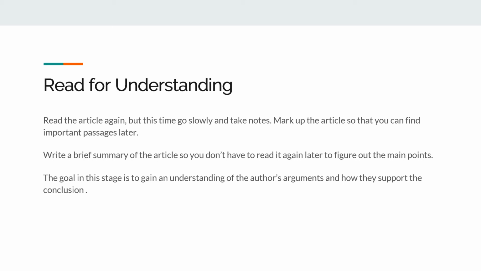This is a slow reading process. Now that you know what the essay is about, you can go in and think to yourself, okay, well, I know they're trying to make the case that X is true, X being the thesis. So if I know that this is about X being true, what are the reasons for why that is the case?